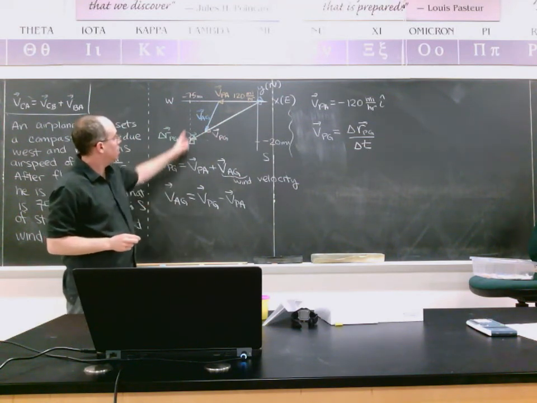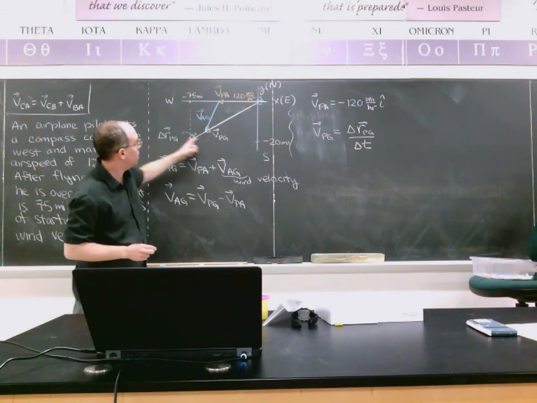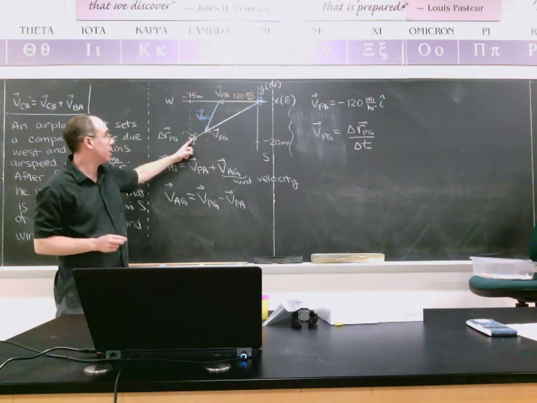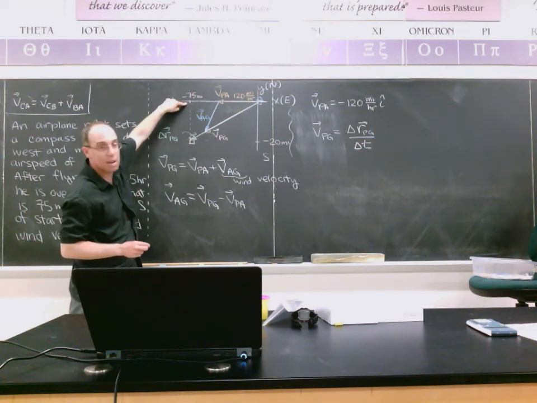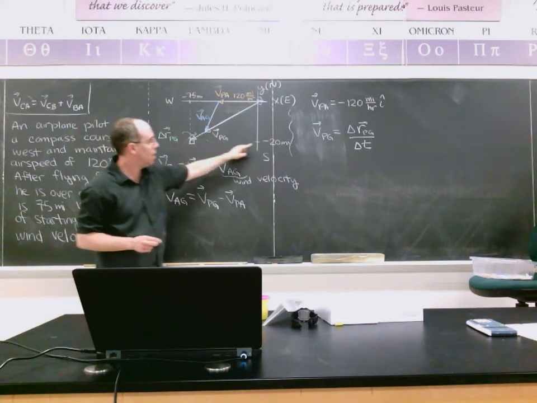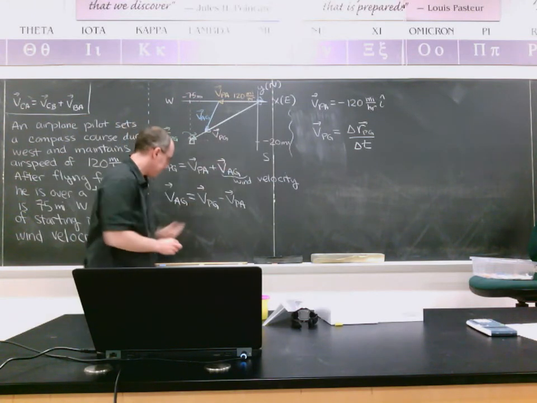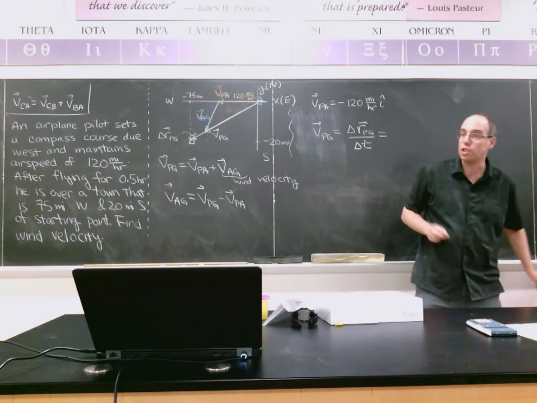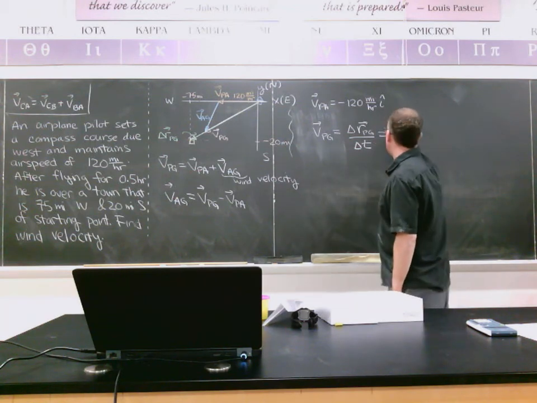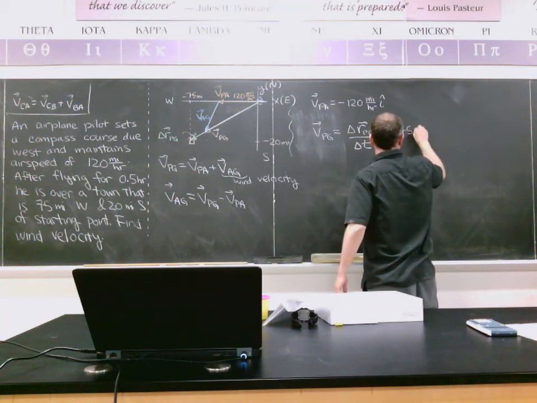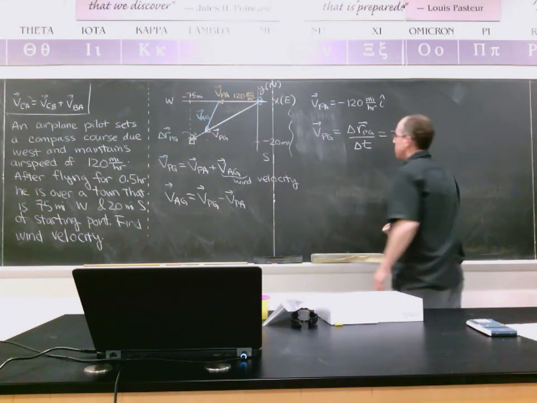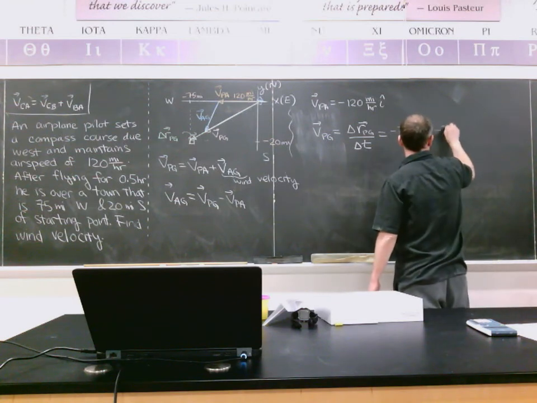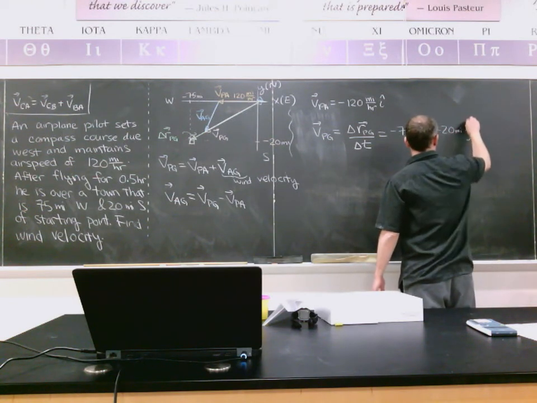And you see that we can easily read off the x and y components of this displacement vector here. The x component would be minus 75 miles. The y component would be minus 20 miles. So here we go. Change in position of plane with respect to ground would be the x component, minus 75 miles, times i hat, plus y component, which is minus 20 miles, times j hat.